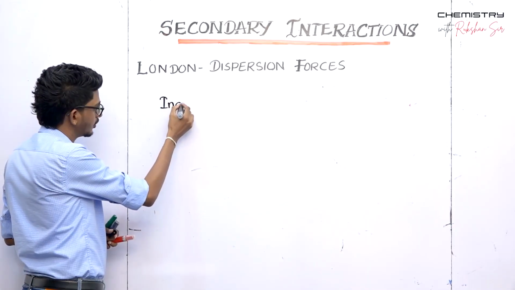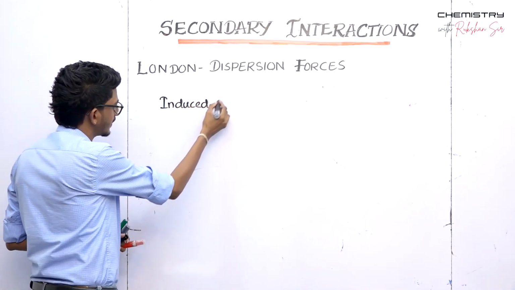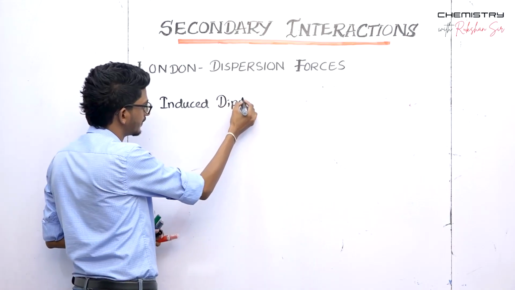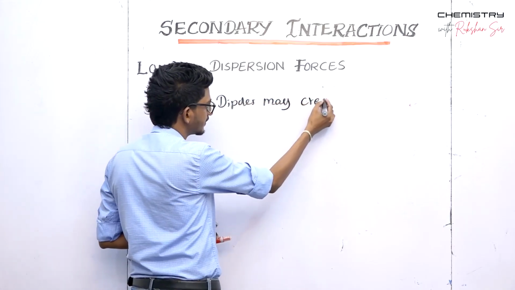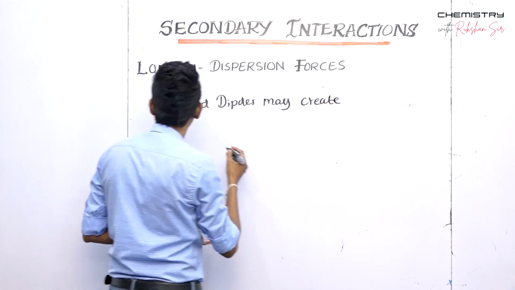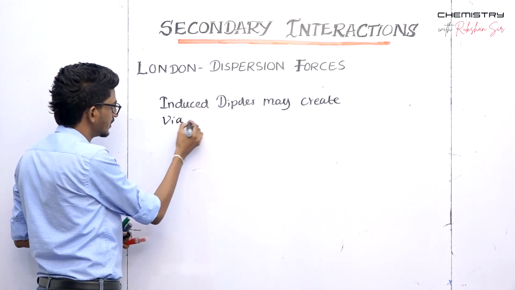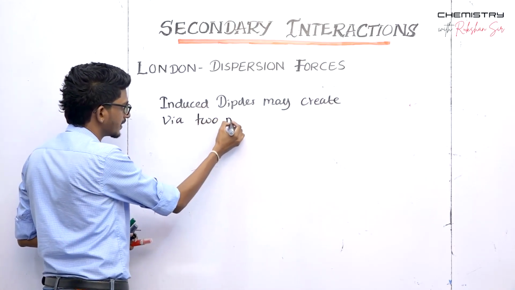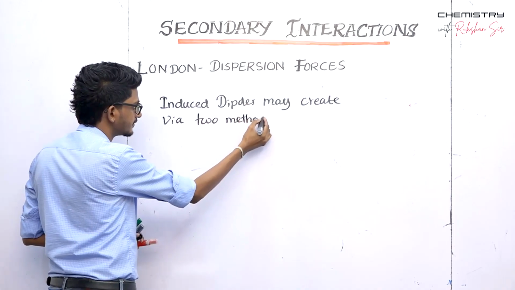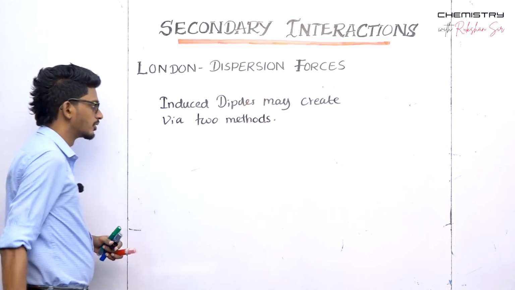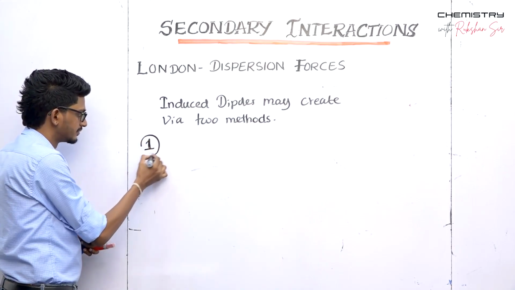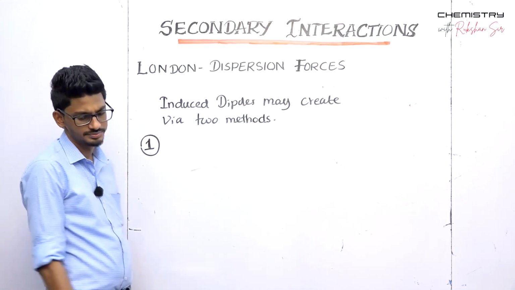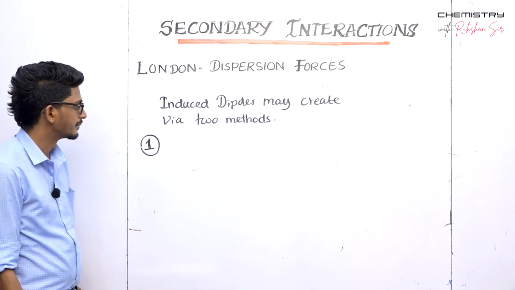Induced dipoles may be created via two methods. Let's discuss those two methods. The method number one.